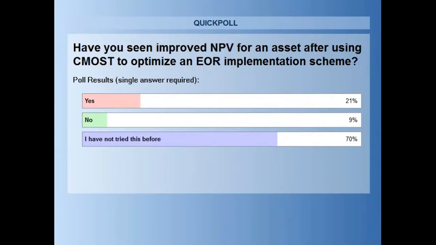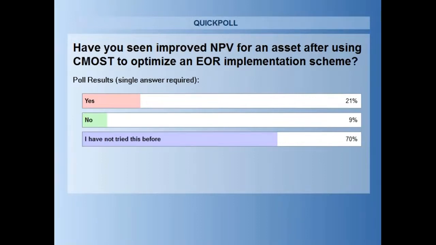For the people who have not tried this, CMOST is our sensitivity analysis, history matching, optimization, and uncertainty analysis tool that has proven quite useful in optimizing any kind of EOR processes and trying to design the process effectively.